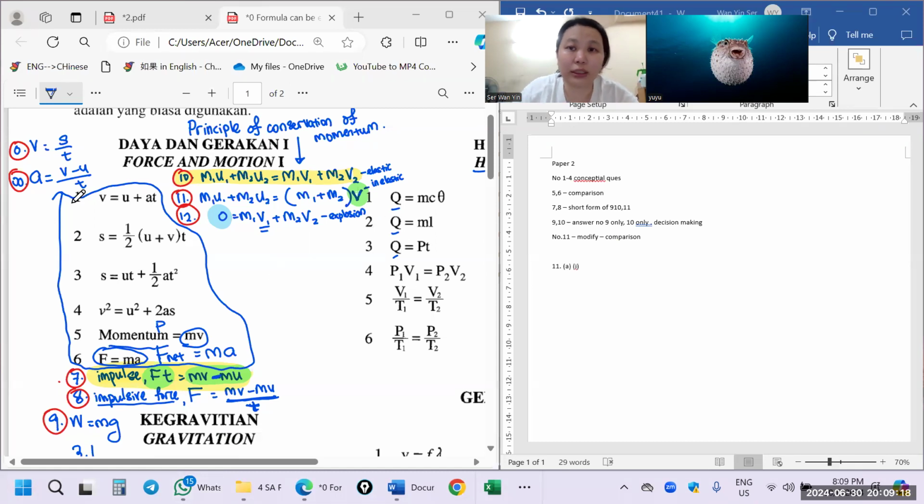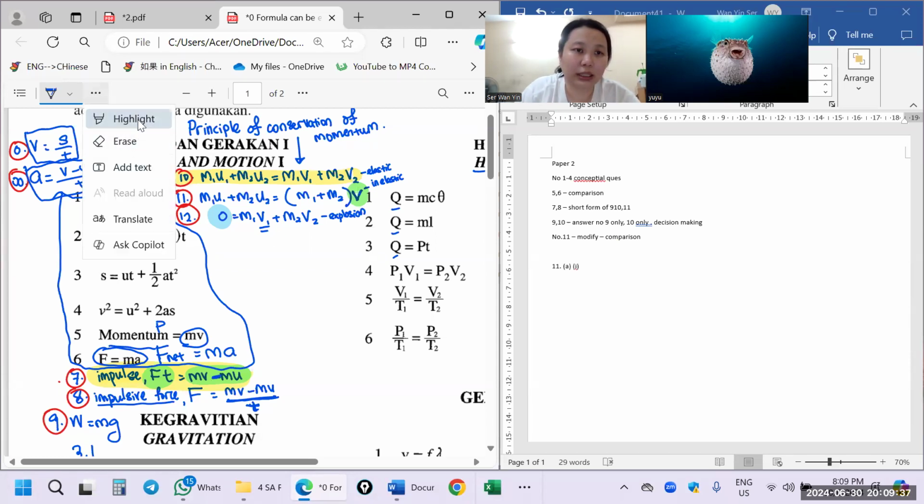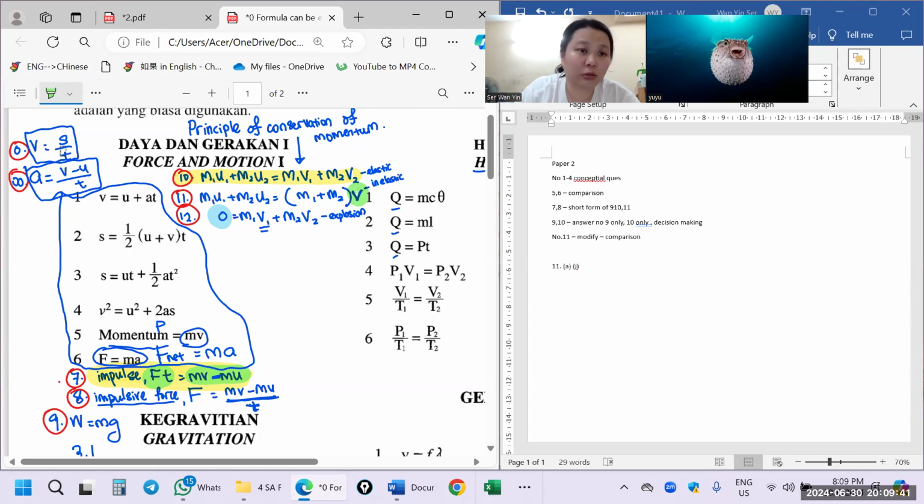Okay, formula not given is the red mark one, 7, 8, 9, 10, 11, 12. And original V equals S over T. A equals V minus U over T. Okay, and you can see there are a few formulas over T.